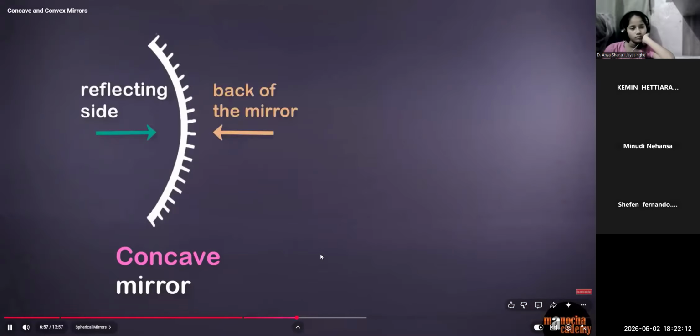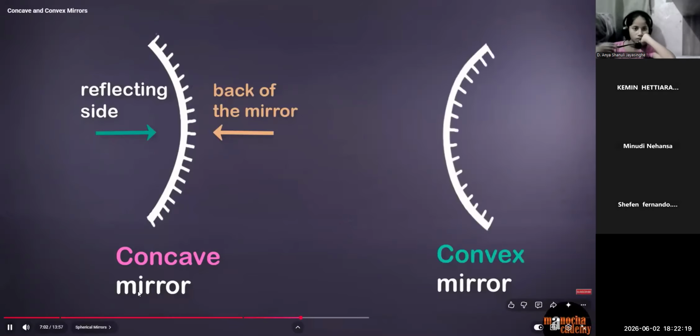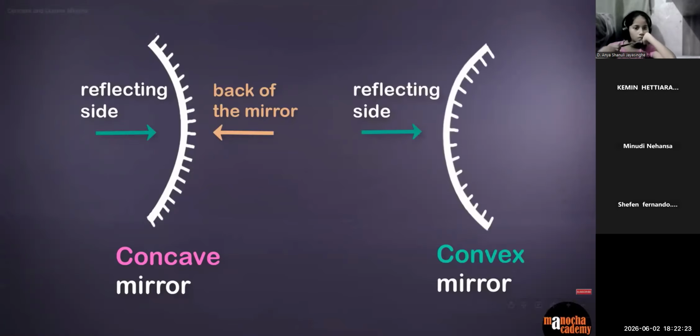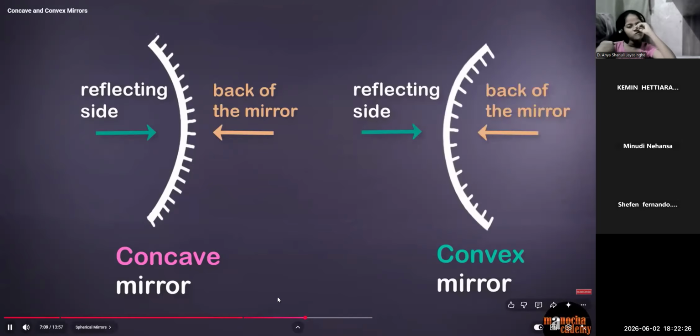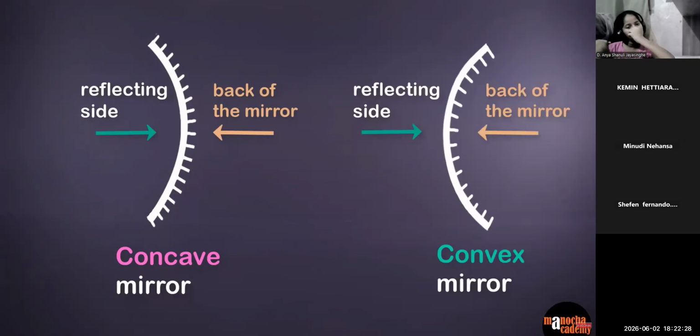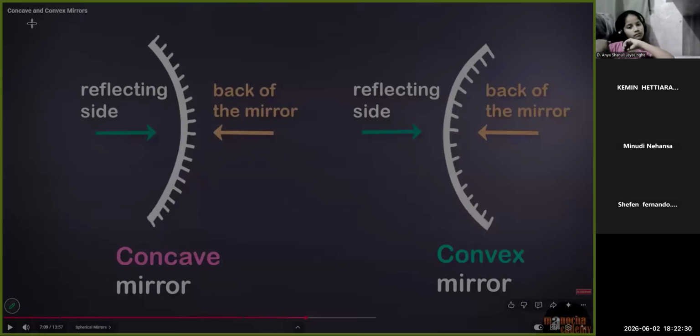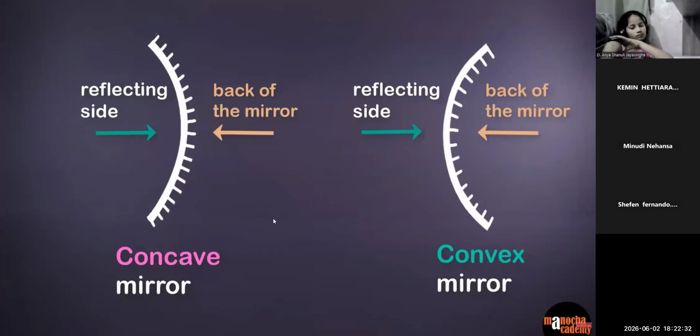The side with these small dashed lines is the back of the mirror. Similarly, for the convex mirror, the smooth side is the shiny reflecting surface, and this side is the back of the mirror. Let me share a screenshot of this quickly on the chat.